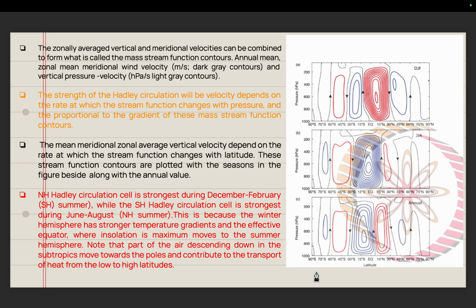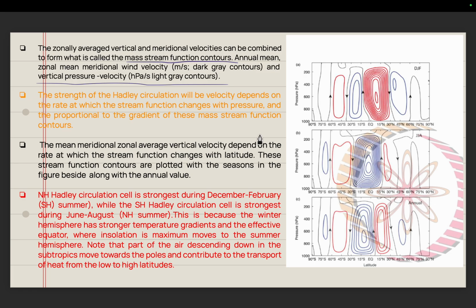The zonally averaged vertical and meridional velocities can be combined to form what is called the mass stream function contours. The annual mean meridional wind velocity and the vertical pressure velocity have been plotted in this figure. You can see it in your lecture slide.